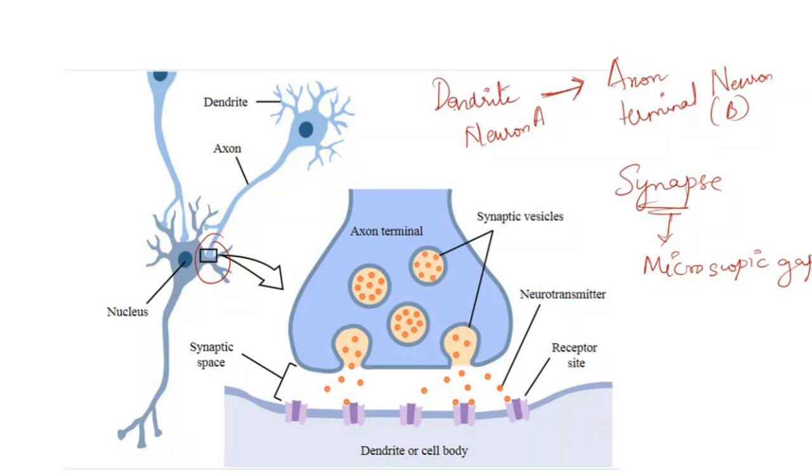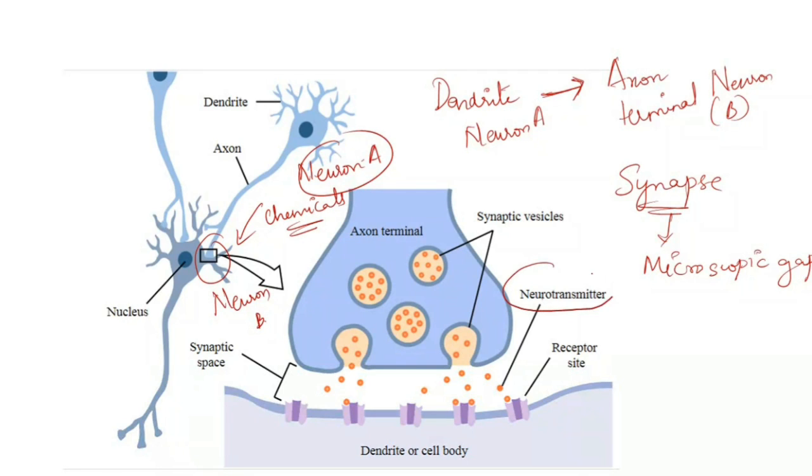For example, as you can see here, let us consider this as neuron A, where the axon of one neuron is connected to the dendrite of neuron B. The signals are sent only in one direction, and these signals are in the form of chemicals. These chemicals are called the neurotransmitters.